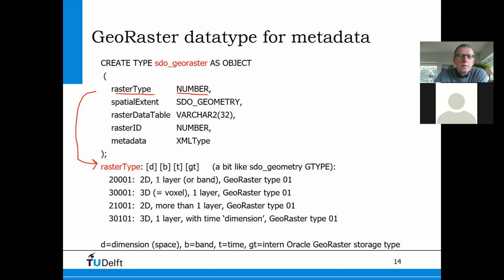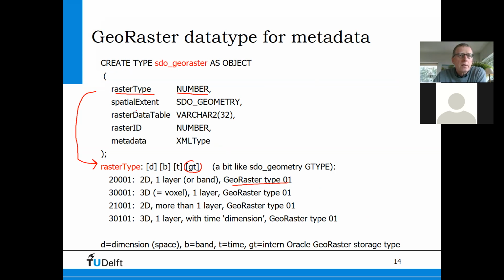So D is the dimension, B is the bands: is it one layer or is it multiple layers? Is it a temporal raster, so a space-time grid? And this is an indication of how Oracle internally stores it. This type 01 means external store in a blob.